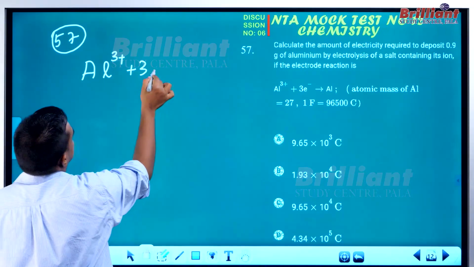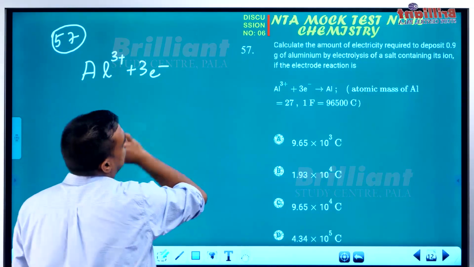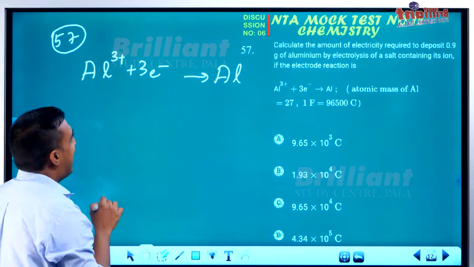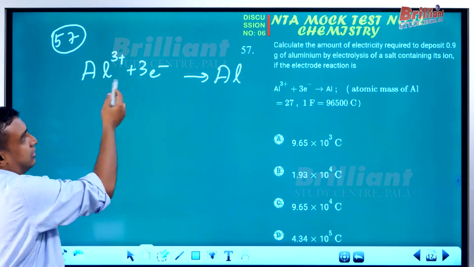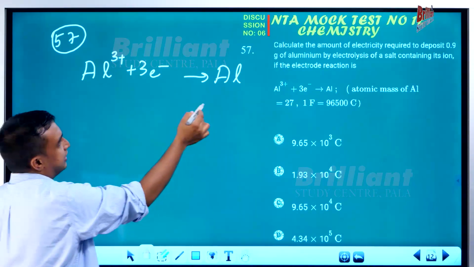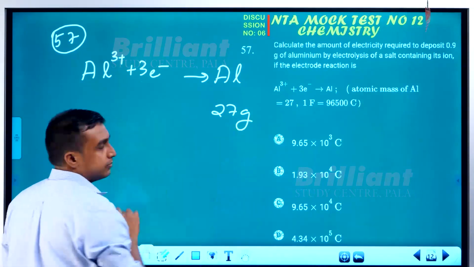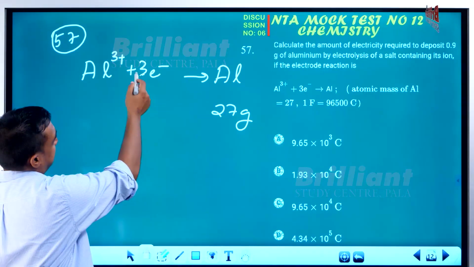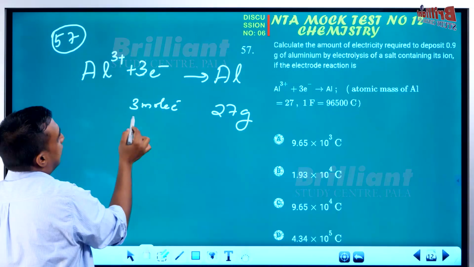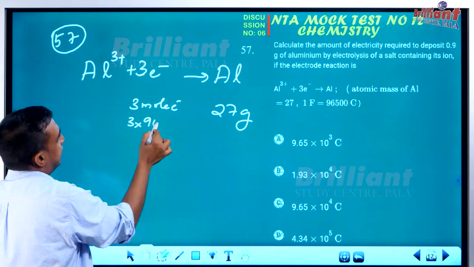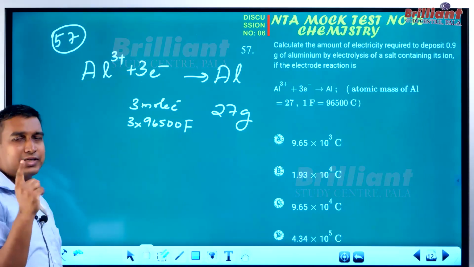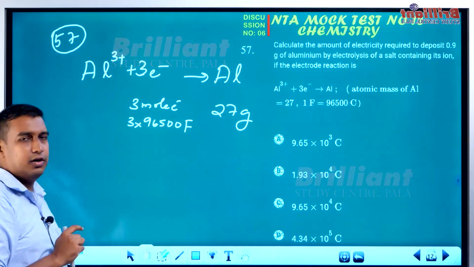I know that, considering moles, this is 1 mole, this is 3 moles, this is 1 mole, with weight 27 gram. Means for these 3 electrons, I need 3 moles of electrons, and 3 moles of electrons correspond to a charge of 3 into 96,500, because 1 mole of electrons carries a charge of 1 Faraday.